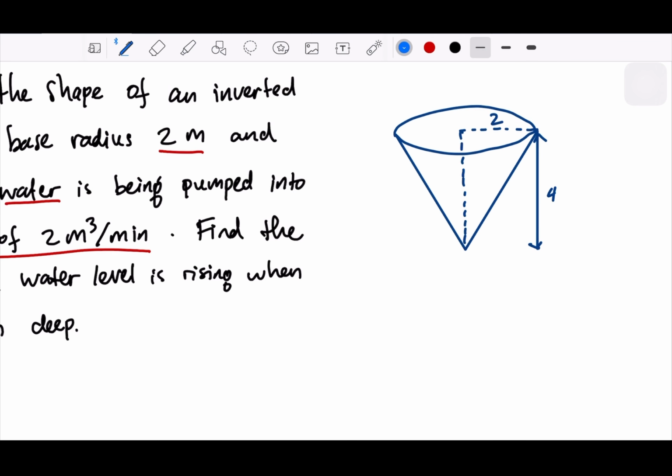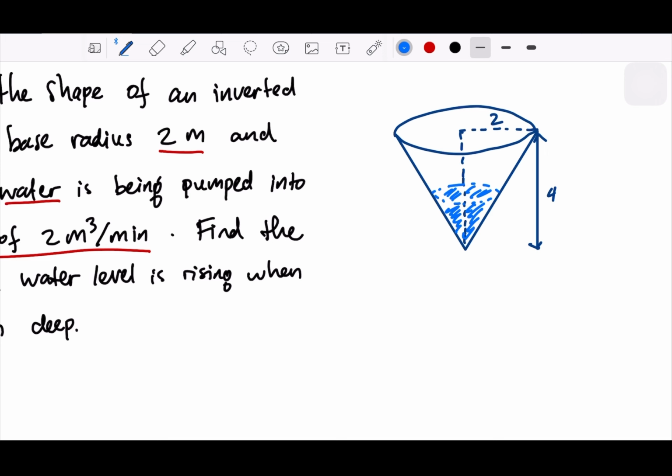And then we have the water. Okay, so the water is being pumped, and maybe this is the condition at a certain height of the water. So we have inside the volume of the water, right? The water is being pumped at the rate of 2 meters cubed per minute.